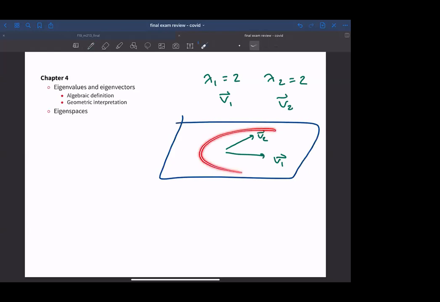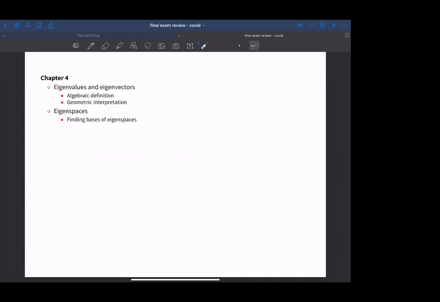If these two vectors are eigenvectors for lambda equals 2, then the plane that they span is called the eigenspace. Whenever you pick a non-zero vector out of an eigenspace, that vector is going to be an eigenvector. Oftentimes we'll ask you to find a basis for an eigenspace, and that really just corresponds to finding linearly independent eigenvectors inside of it. Questions there?